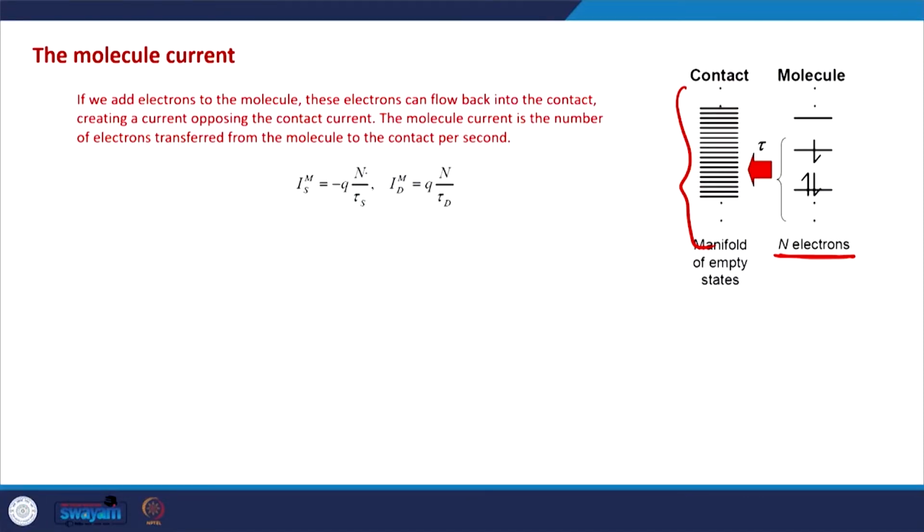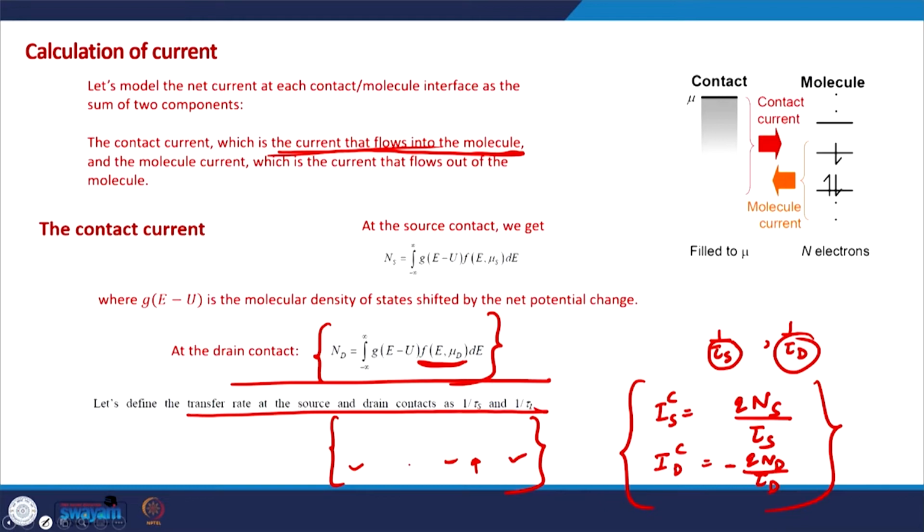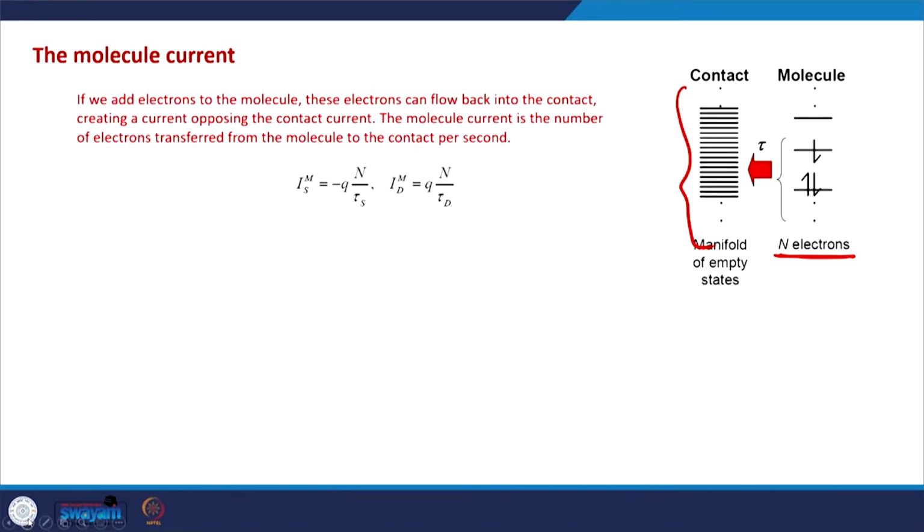This is termed the molecule current, and it depends on the number of electrons in the molecule, just as the contact current depends on the number of electrons available in the contacts for conduction. The number of electrons in steady state in the molecule is n, and if they find any empty state either on the source or the drain side, they can hop into those states, and that will contribute to the molecular current.